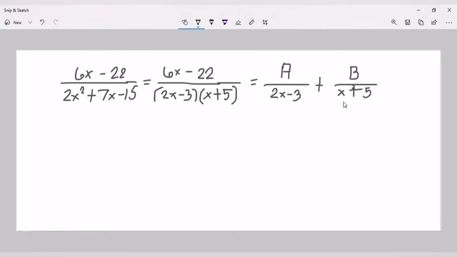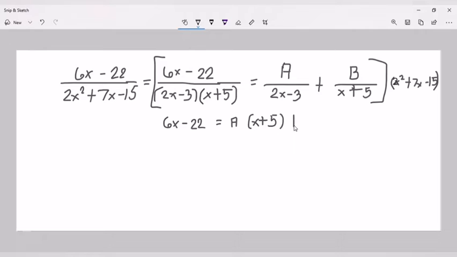Then to solve, let us multiply both sides of the equation by the least common denominator, which is 2x squared plus 7x minus 15. That gives us 6x minus 22 equals A times the quantity x plus 5 plus B times the quantity 2x minus 3.